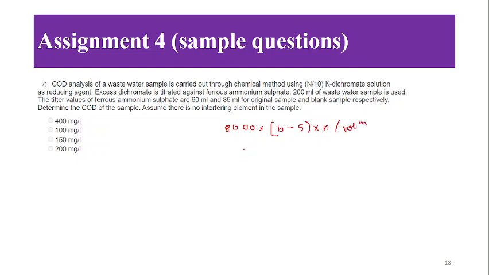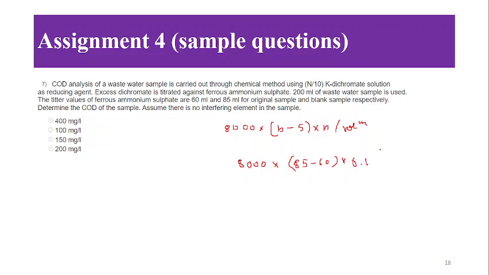So here we are given 8,000, and all should be in the ml units. So B minus S, 85 minus 60 will be 25, and N is normality, so 0.1 normal.